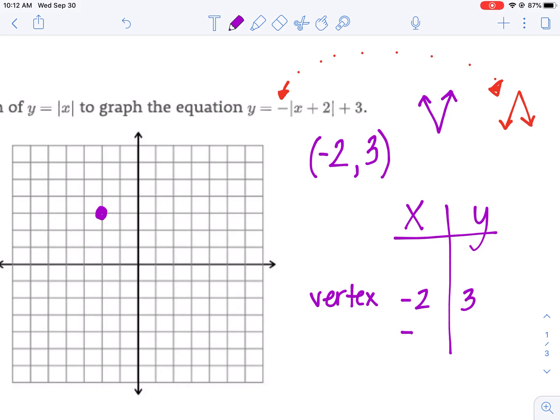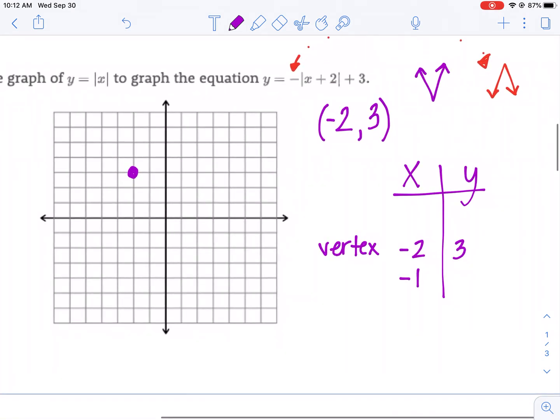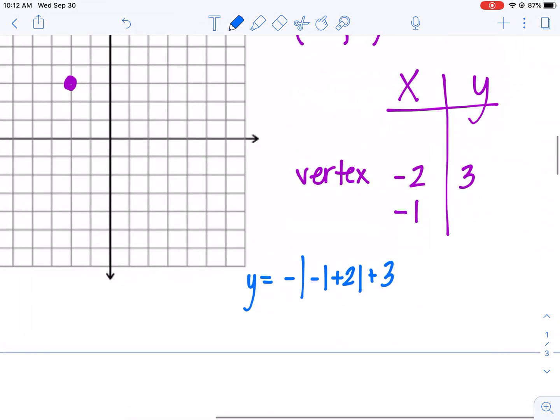Maybe I try -1. I'm going to show you that step. If it's -1, I'm going back to the original equation. Instead of x, put -1, and we're going to solve for the y value. So this would equal negative.